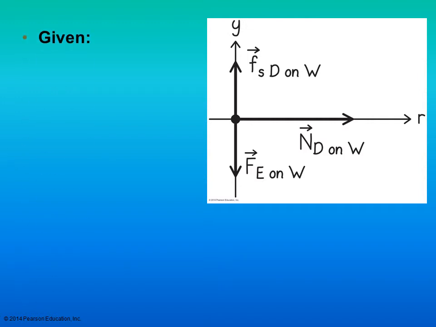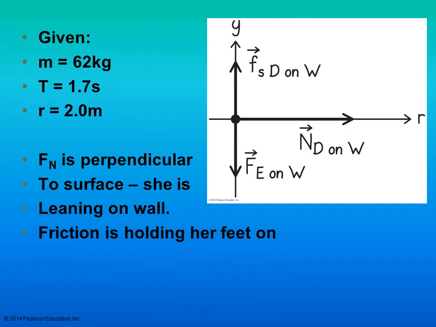So here's your given. Your mass is 62 kilograms. Your period is 1.7 seconds. And your radius is 2 meters. I didn't mean to capitalize all these, it was just a default.